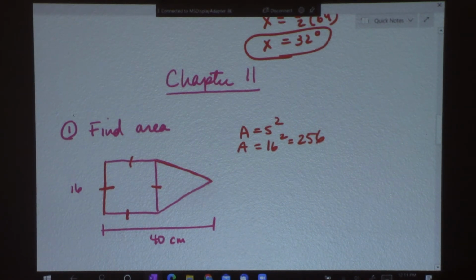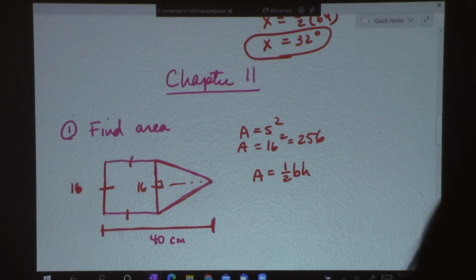Now I have this triangle, and the formula for that is 1/2 base times height. Well, how long is the base? Well, if this is 16, then this would be 16 here. Okay, I'm actually going to write it on the inside. Now, I need to draw in my height. How am I going to find that? Well, you can see they give us another clue down here with this whole length. And if I know that this is a square, then this side is 16, then my height, which would be right here, is 40 minus 16, and that is 24.